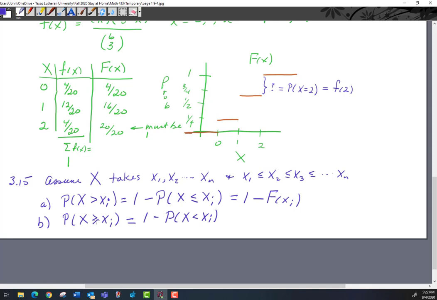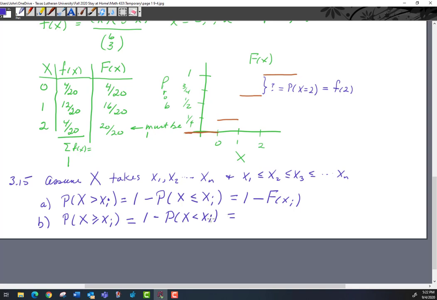See, the complement of greater than or equal to would be less than, but I don't really have a way to get the probability that x is less than xi, because this F function is less than or equal to xi. But we're dealing with a discrete random variable today.